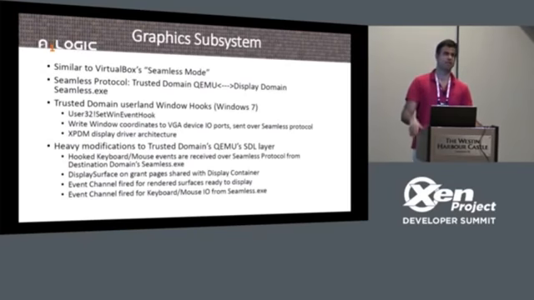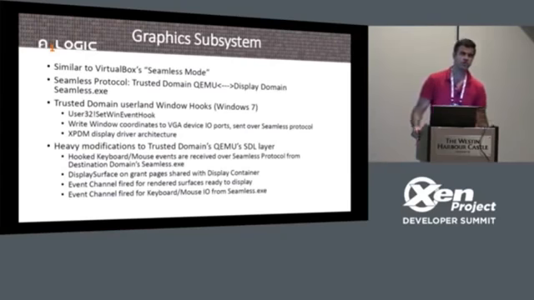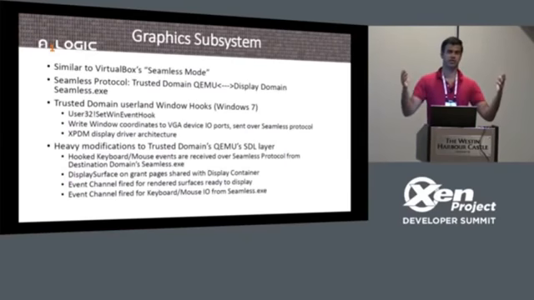And every time something happens, there's an event channel that's fired, which would be the protocol event channel for the mouse and keyboard events. Similarly, we have the exact opposite but flipped. We have to share the graphical output from the trusted domain. So what we do is we allocate grant pages, and we use those grant pages as the display surface.